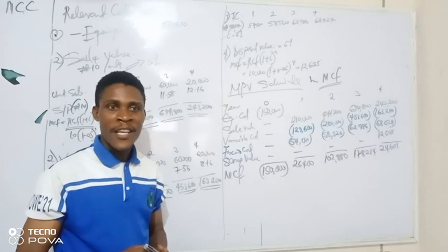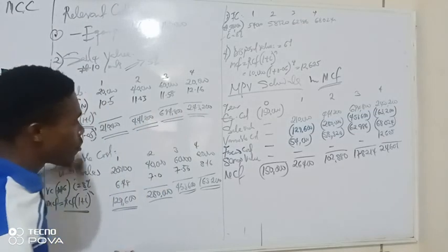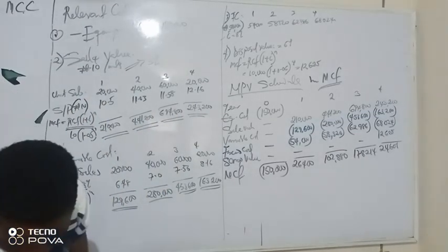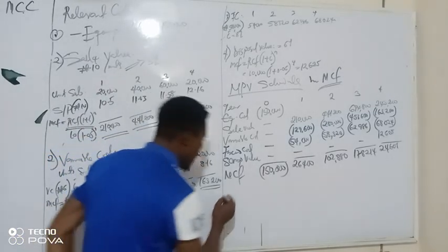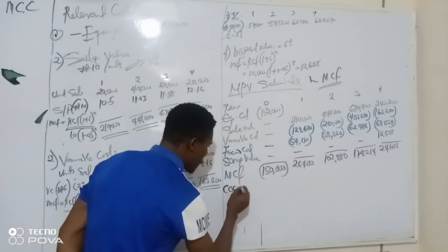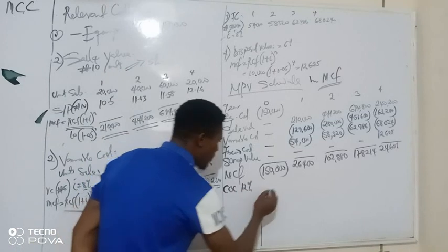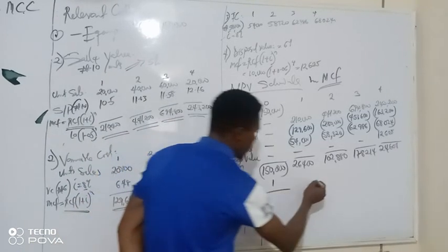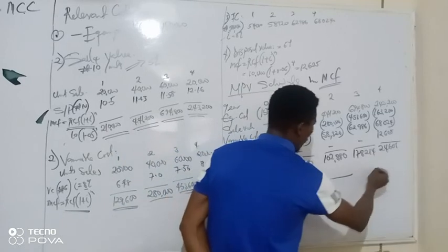We must use the money cost of capital, and already this is money. For the question, what is the value? 12%. So our cost of capital is 12%. So 12% for year 1, year 2, year 3, year 4.